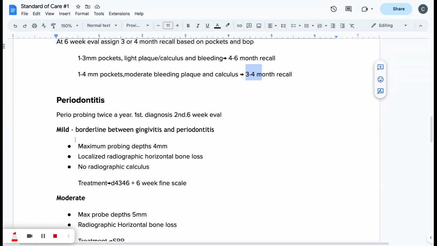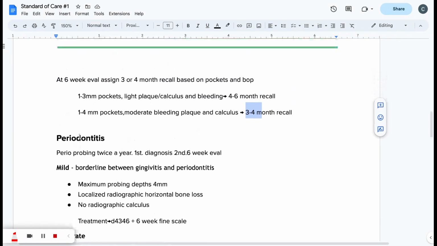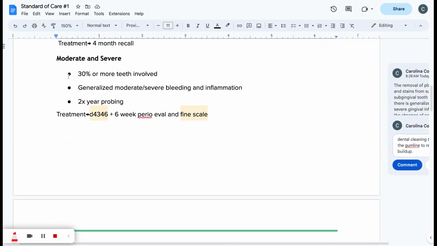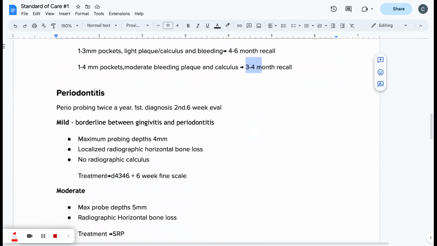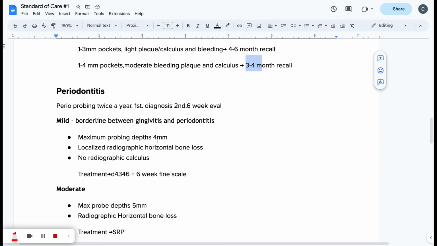Now, this patient here is very similar to the moderate and severe gingivitis. The main difference is we're going to see localized radiographic horizontal bone loss.